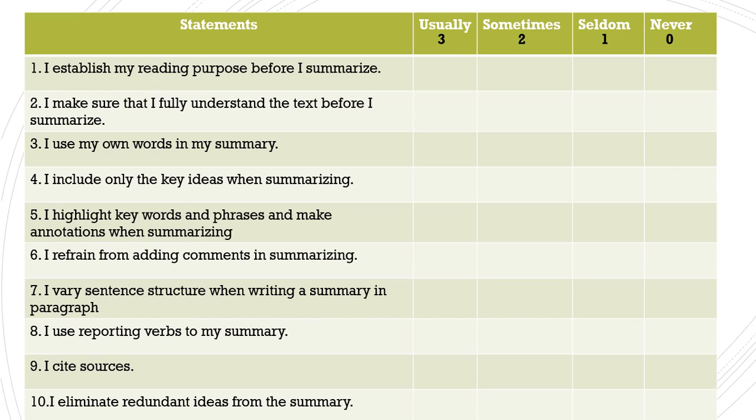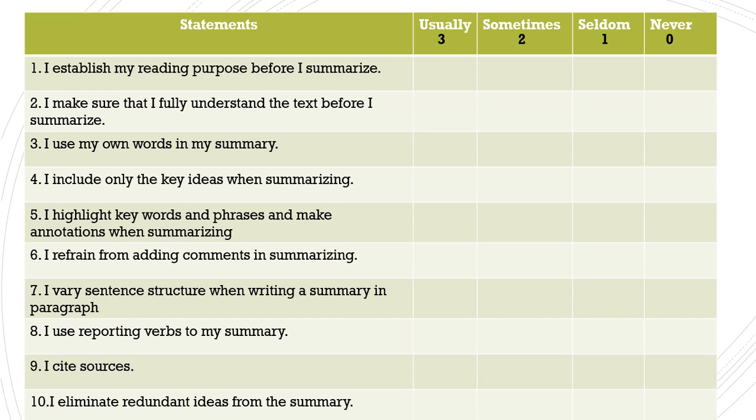So you are just going to write the corresponding number of your answer for each statement. For instance, in number 1, I established my reading purpose before I summarize. So you just have to be honest. Do you practice that?